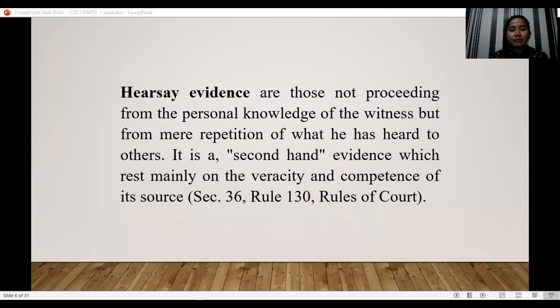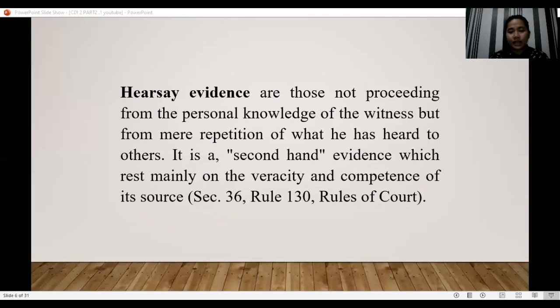It must be stressed further that a dying declaration is one of the exceptions to the hearsay rule. And physicians are frequent recipients of dying declarations, mostly in medical clinics and emergency rooms of hospitals.